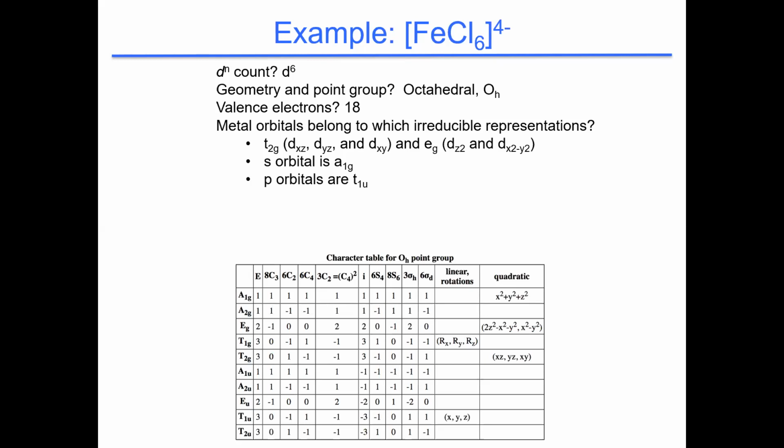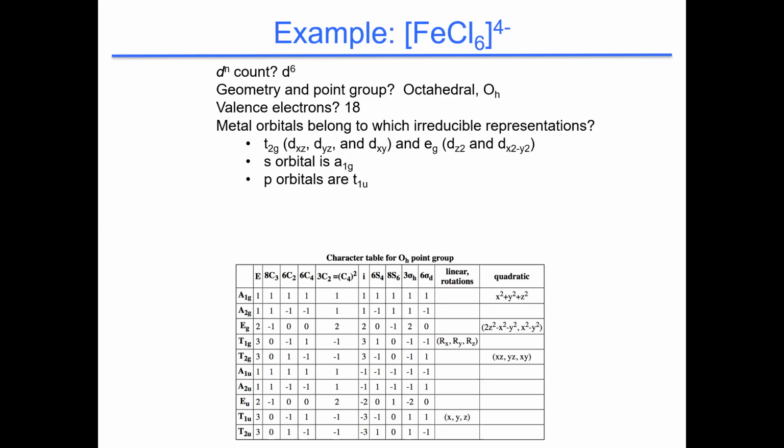The s orbital is going to have A1g symmetry since it stays the same no matter what sort of transformation you apply to it, whether it be inversion or a C2 rotation. And lastly, the p orbitals are T1u, which you can see in the linear rotations column.